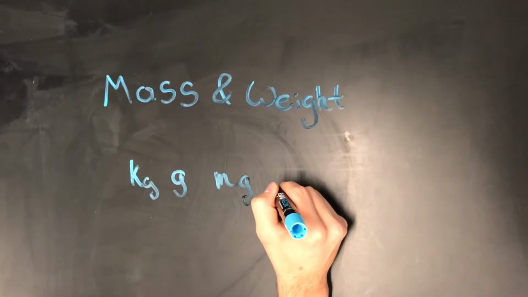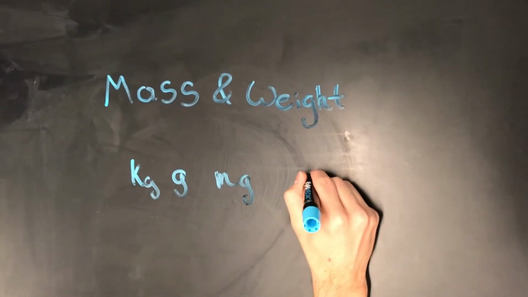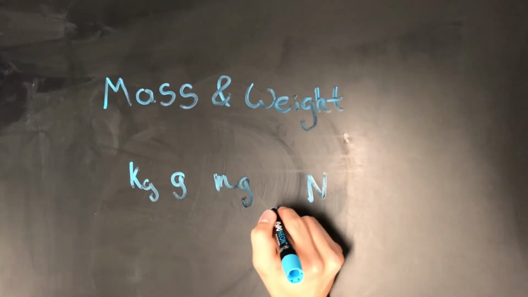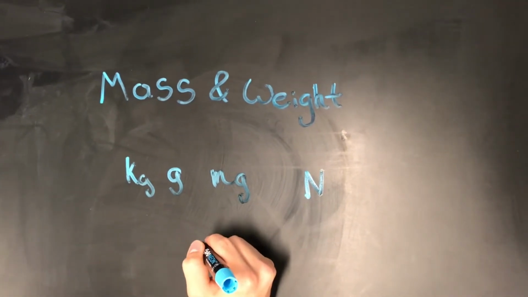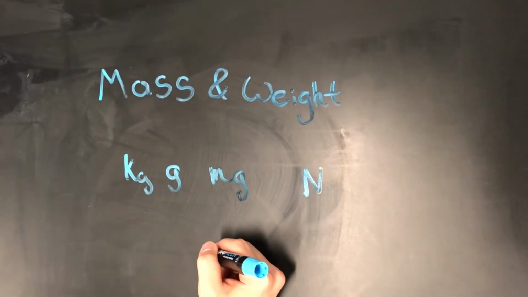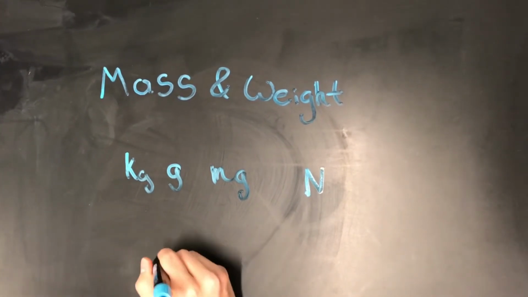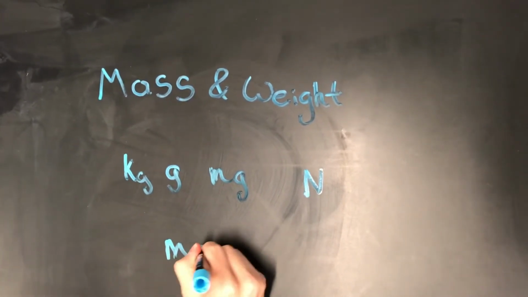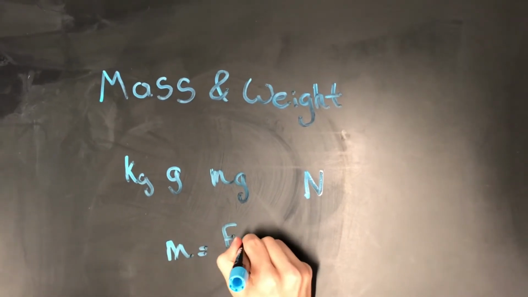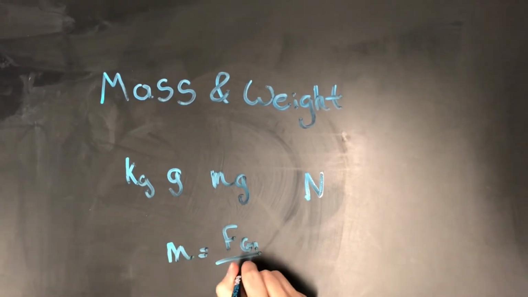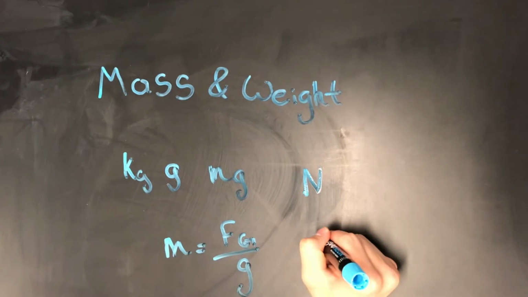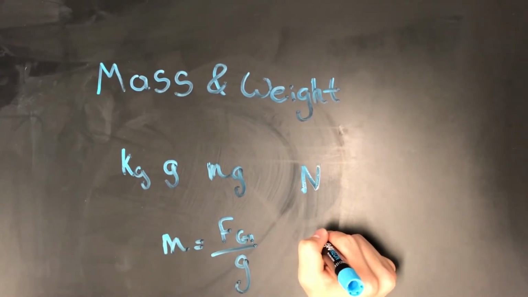The SI unit for weight is expressed in newtons. Mass is measured using a pan balance, triple beam balance, lever balance, and electronic balance. The formula used to find mass is m equals Fg over g. Weight is measured using a spring balance.